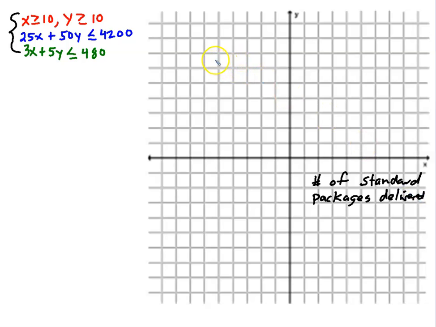And then the y, we will say number of oversize delivered.